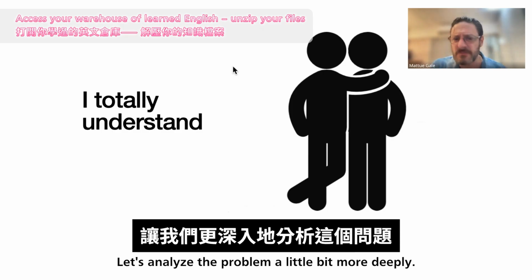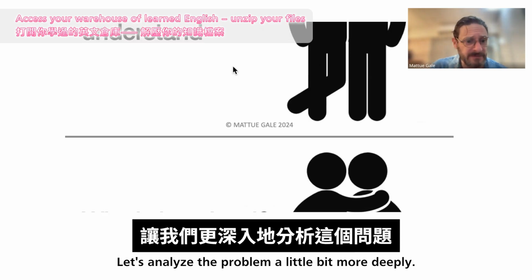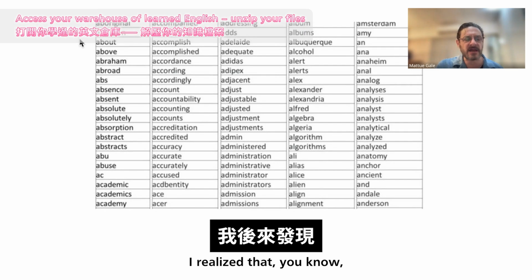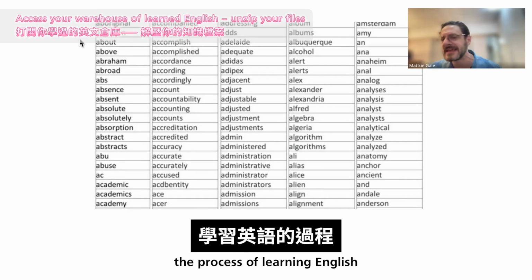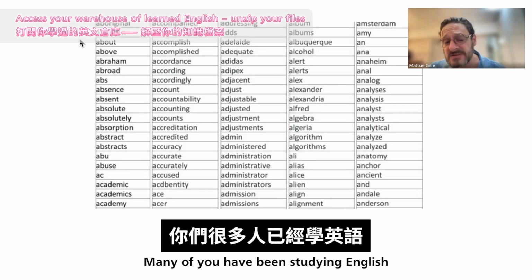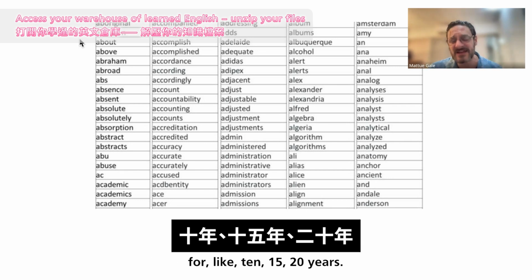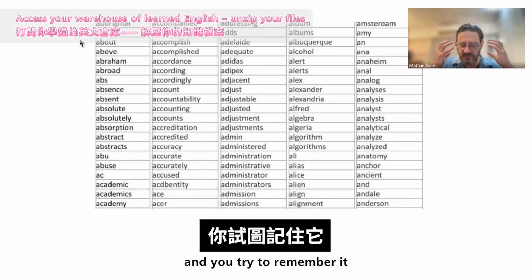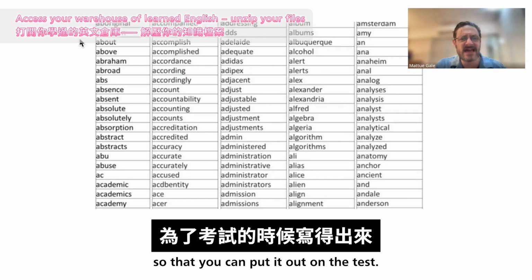Let's analyze the problem a little bit more deeply. Why is it so hard? I realized that the process of learning English, the way you did it in school, many of you have been studying English for like 10, 15, 20 years. What you do is you cram information in your head and you try to remember it so that you can put it out on the test.